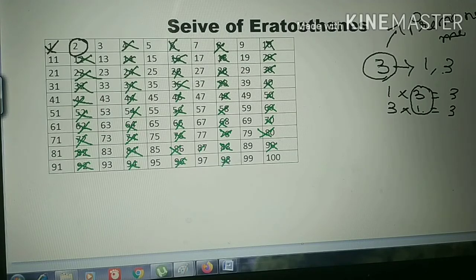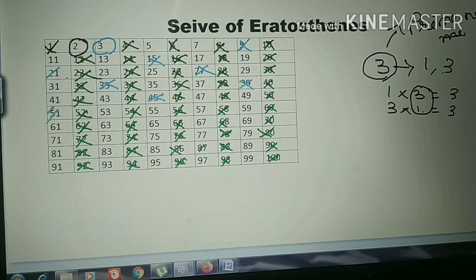After crossing out all the multiples of 2, now go for 3. Now I am crossing out the multiples of 3. First I am circling this number, after that crossing out the multiples of 3. After that 15 we can cancel, 21, 27. After that 33, 39, and then 45.